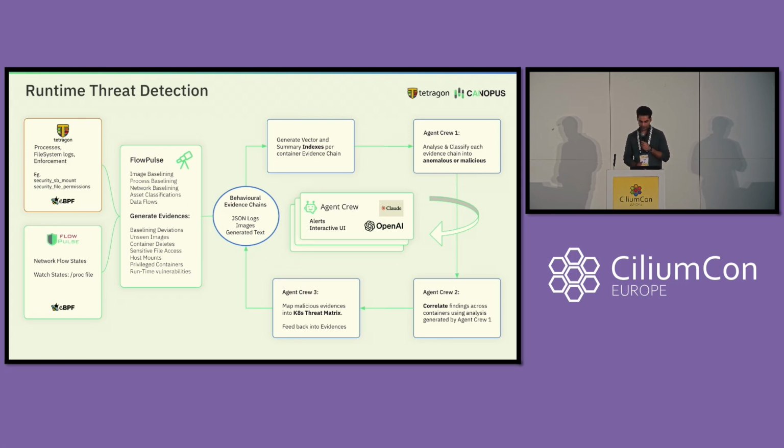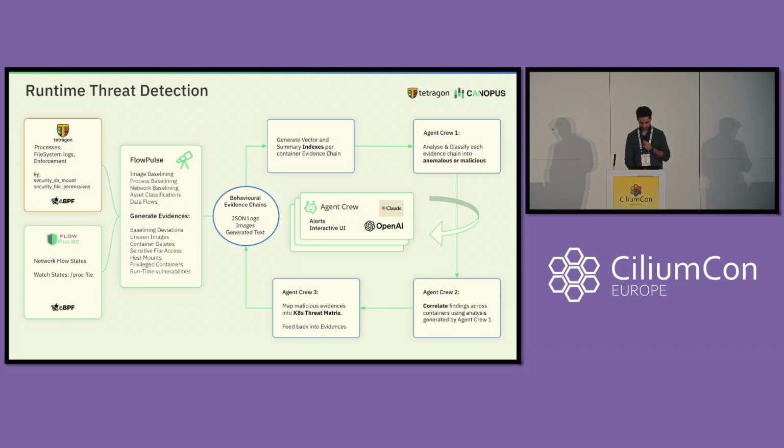And finally, the third crew attempts to classify these malicious evidences into the Kubernetes threat matrix. Again, all that feeds back into the chain, and this loop keeps on running until the crew decides that the whole event is benign, or generates an incident if it is malicious in any way.